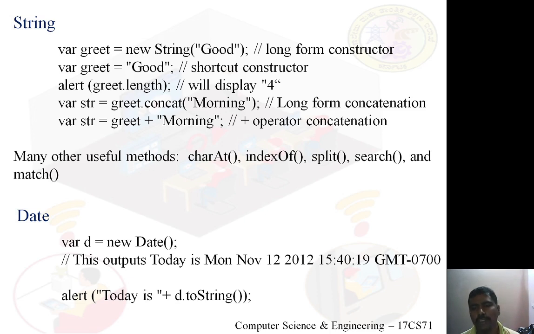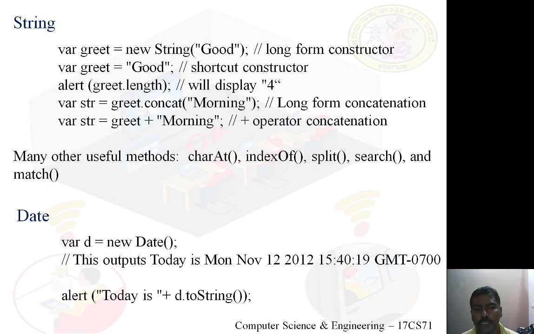There are many other methods defined within the String class, say charAt to know a specific character at some index. charAt returns the character at a particular index. indexOf returns the index of some character, and so on.